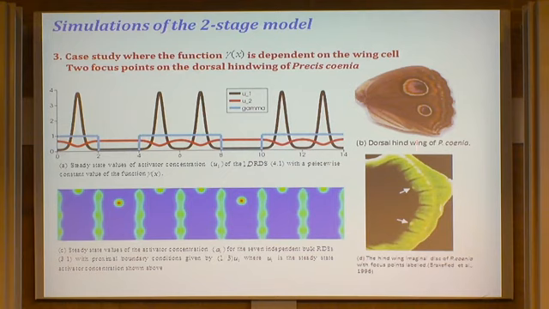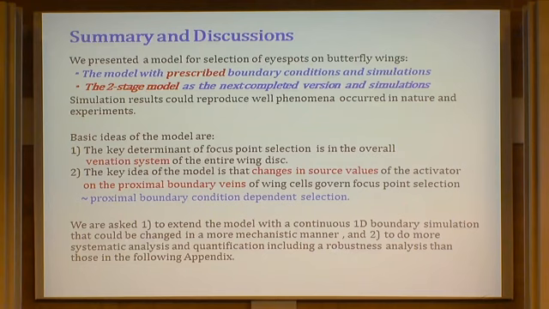So, summary and discussion. We presented a model for selection of eye spots in butterflies. The first one is a model with prescribed boundary condition and simulation. The second one is the two-stage model as the next completed version and simulation. Simulation results could reproduce the phenomena that occur in nature and experiment.